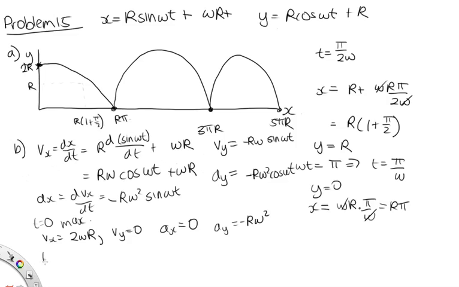Now, t is equal to, we said pi on omega at the minimum. So substituting that in, Vx, we've got cos of pi. Cos of pi is minus 1, so this is actually 0.